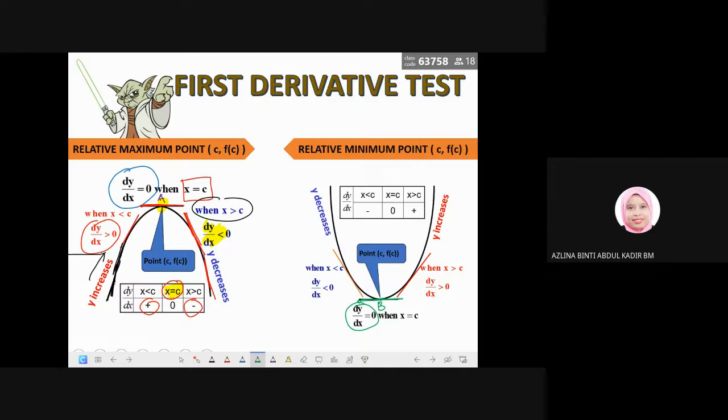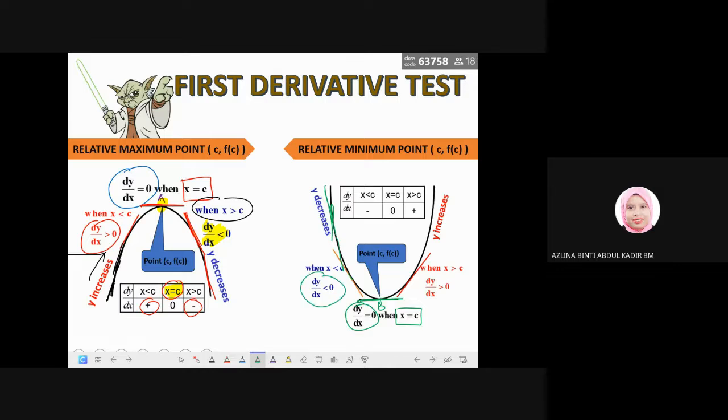When x is less than c, where is c? c is the value of x at point B. When x is less than c, the value of y decreases. dy/dx is less than 0 until we reach the point x equals c.